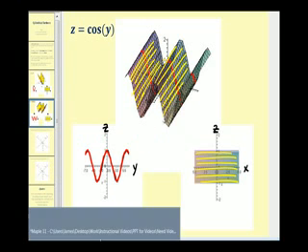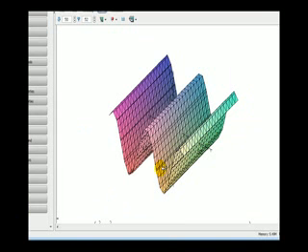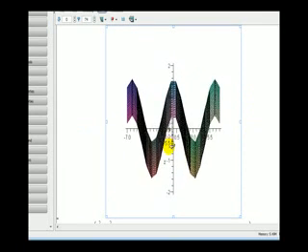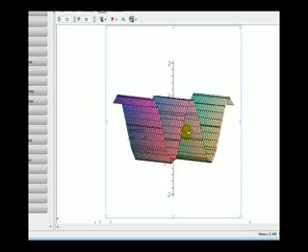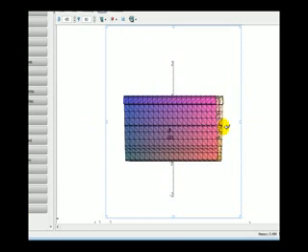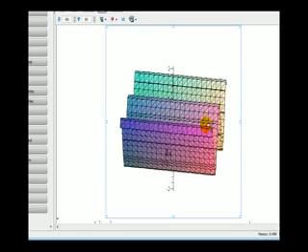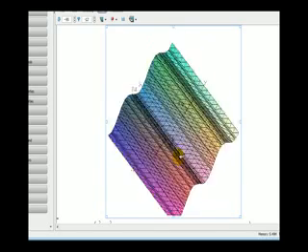Again, let's take a look at this using Maple. Here's the graph of the surface. If we angle it this way, you see the generating curve, and all of the rulings would be all the lines moving in this direction from left to right, which create this cylindrical surface.